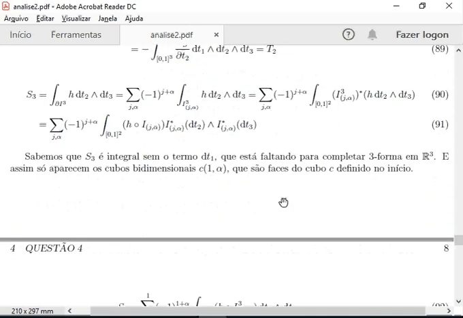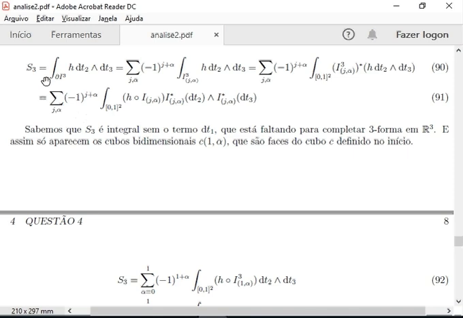Let's repeat. S3 is equal to the integral of h over the boundary of I3. It's equal to the oriented sum of h over the 6 faces of I3.